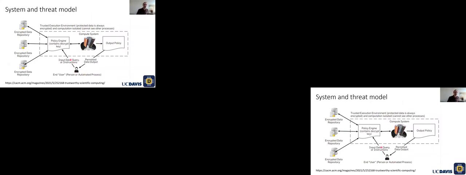This data scientist wants to run some kind of high performance compute, maybe using something like NERSC at LBL, on this data, produce some output, and then give it back to the user. Now, the output policy and things like differential privacy to make sure that the user doesn't get too much information, we're going to ignore for now and concentrate more on this side of the equation, the compute system and getting data.